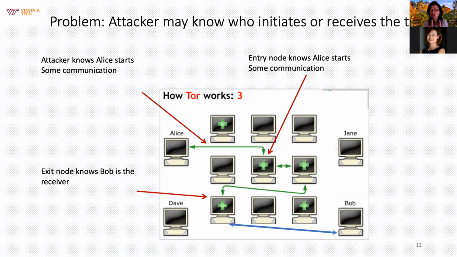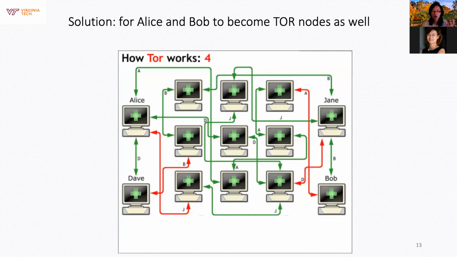If your action is always to do onion routing only when you need to communicate to Bob, then people would be able to infer your activity. And so the solution is to have Alice also serve as a node as well, and so is Bob, okay? And in that case, Alice sometimes also relays messages for other people.